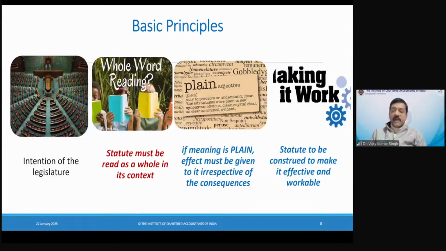When you look at different rules, like the literal rule, Heydon's case, the mischief rule, you will find that in all these interpretation rules, the basic principles will be available. The courts will always start with the intention of the legislature. They will read the statute as a whole, and they will try to give plain meaning effect, irrespective of the consequences. And ultimately, they would try to make the statute effective and workable. So this is how the interpretation exercise moves on.